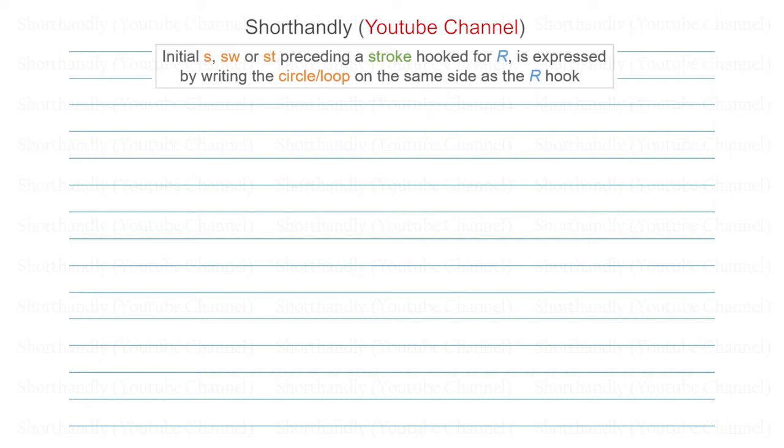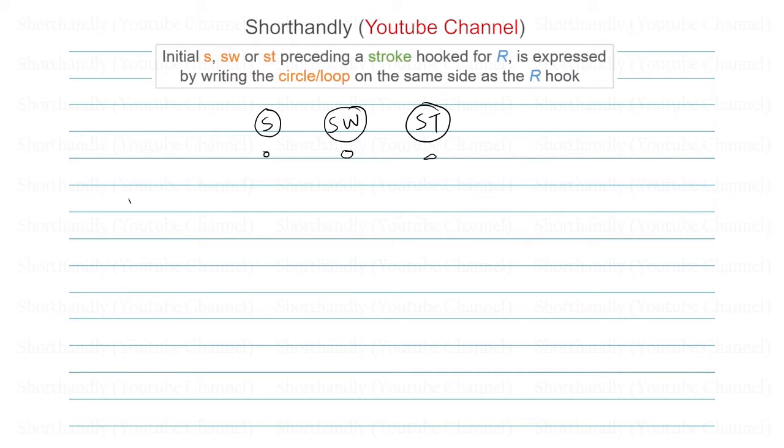Now to understand this, we'll be taking some examples. First of all, we already know how to write S, SW and ST. S is represented with a small circle, SW is represented with a big circle, and ST is represented with a small loop. Okay, now we need to take an example of a word.